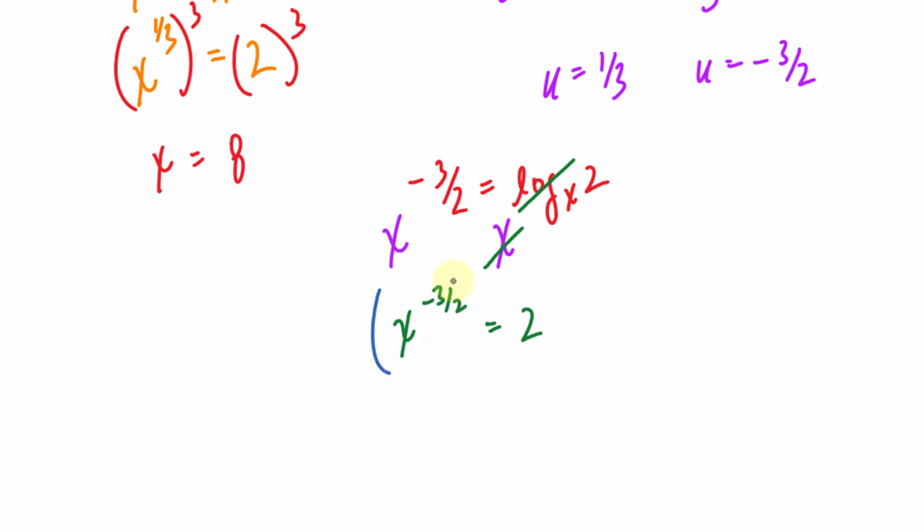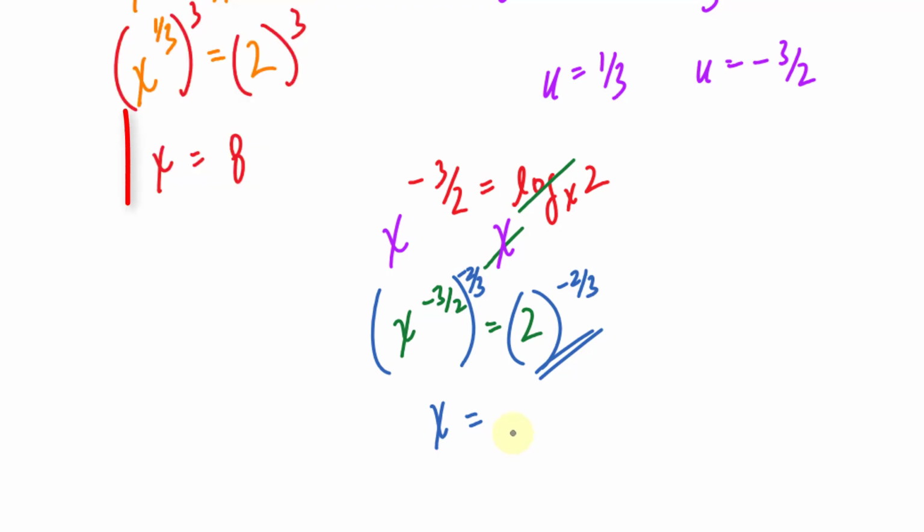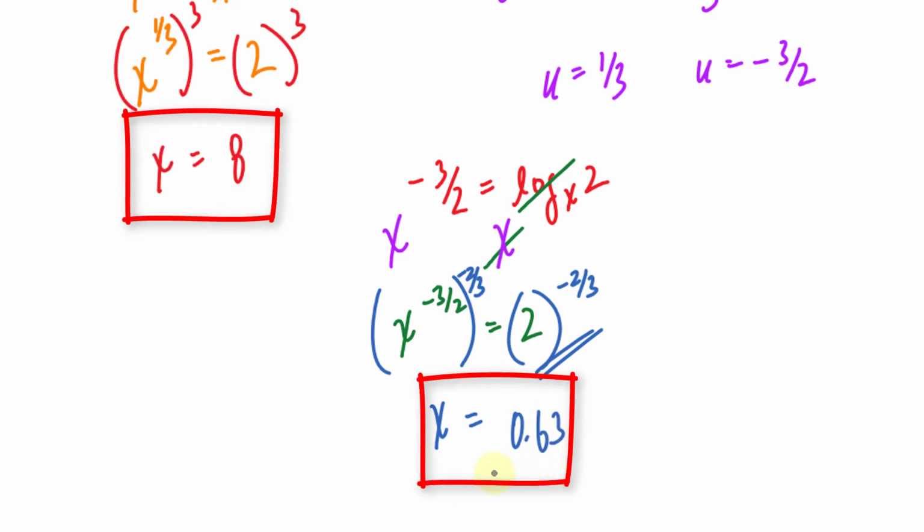This can be done by multiplying both sides by 2 over 3, and that has to be negative. So x is equal to whatever that is equal to. Let's use our calculator once more. 2 to the power of negative 2 over 3. And that's equal to roughly 0.63.